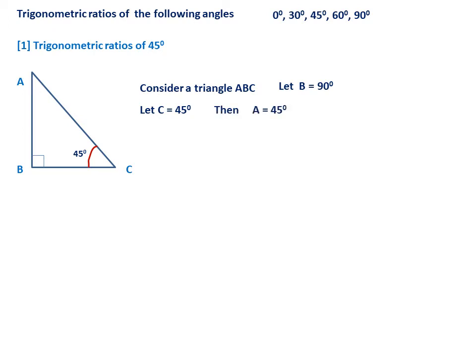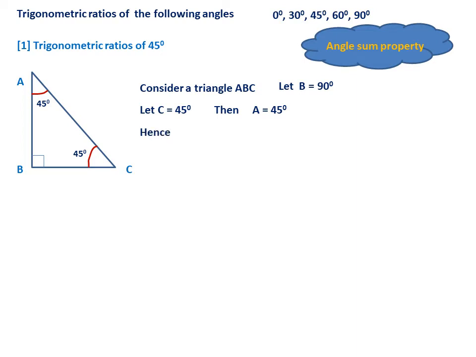Whenever C is 45 degree and B is already 90, A should be 45 degree, because of the angle sum property. You know that in a triangle, the sum of the angles must be 180. B is already 90, therefore the other two angles sum should be 90. So, if C is 45 degree, A also should be 45 degree.